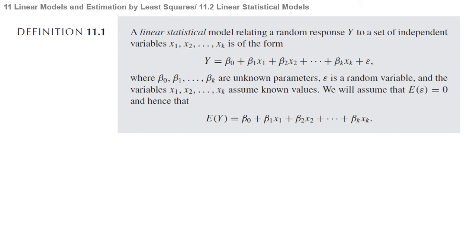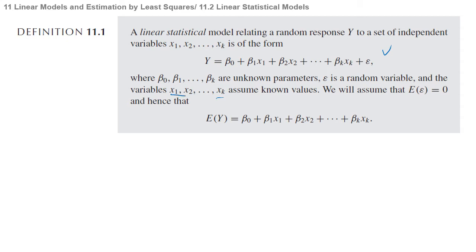Here is the definition of the linear statistical model. A linear statistical model relating a random response y to a set of independent variables x1 to xk is of the form like this, where beta 0 to beta k are unknown parameters, epsilon is a random variable, and the variables x1 to xk assume known values.